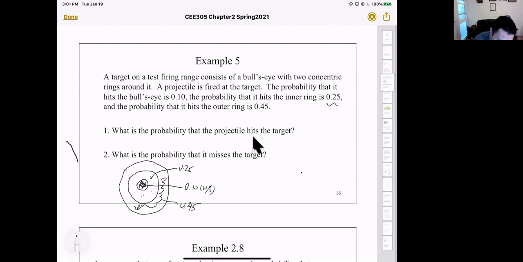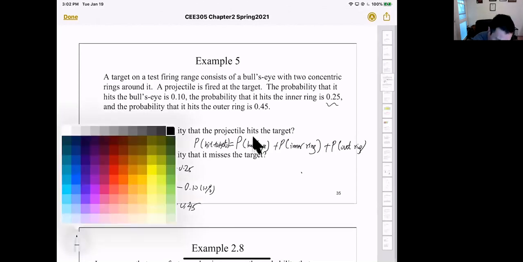So pretty simple. The P(hit target) will be the probability of hitting the bullseye, plus the probability of hitting the inner ring, plus the probability of hitting the outer ring, because this is the ring that's not including the bullseye.